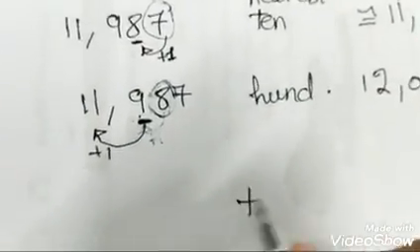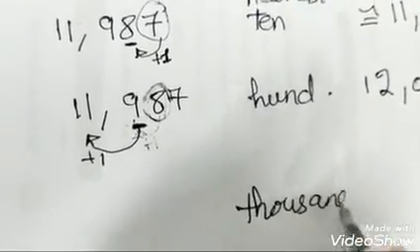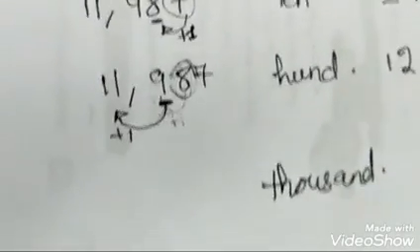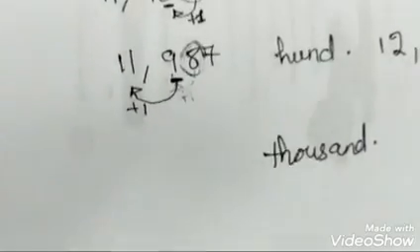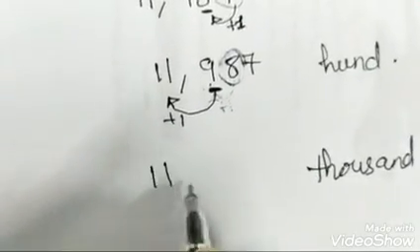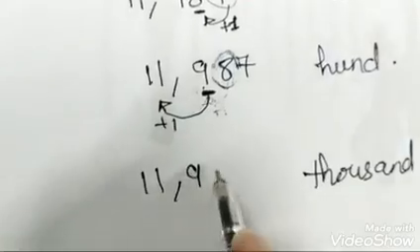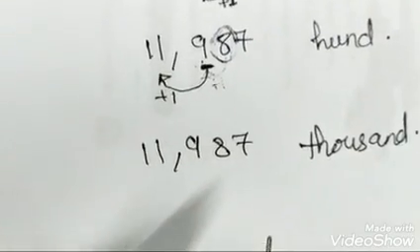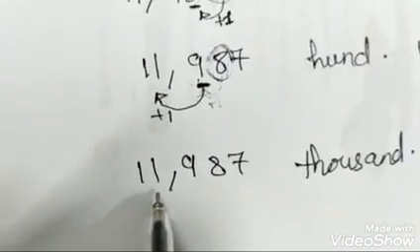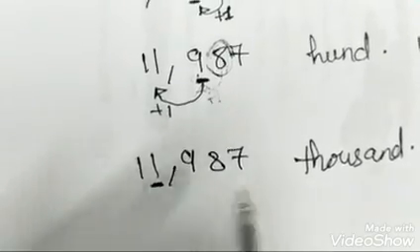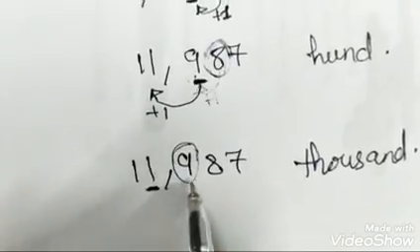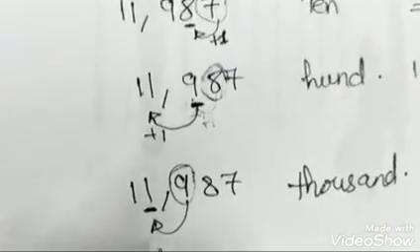Nearest 1,000. To the nearest 1,000, 11,987. The thousands digit is the 1. I have to look at the right.